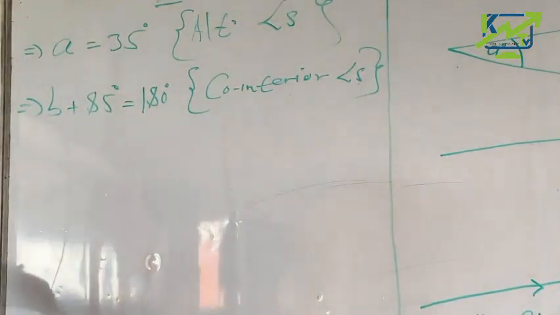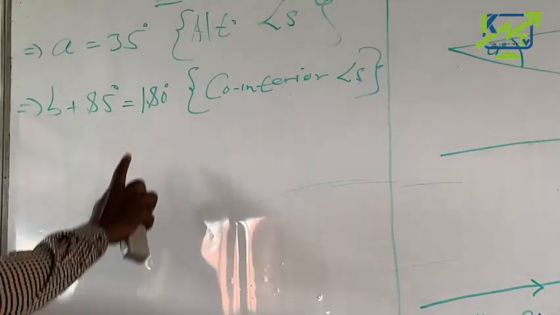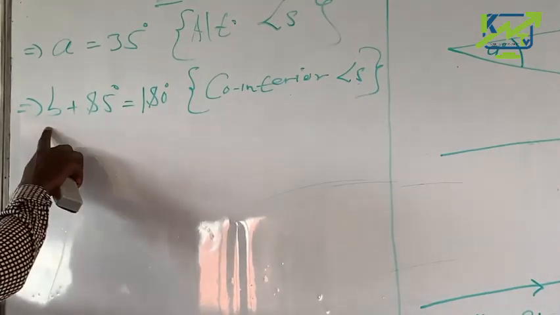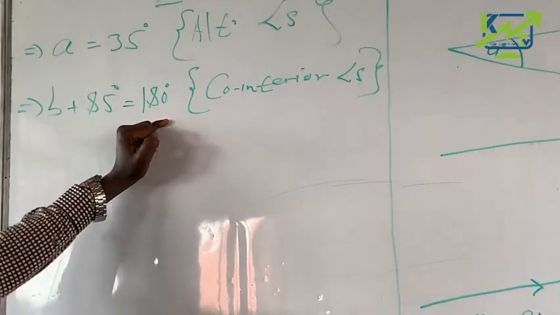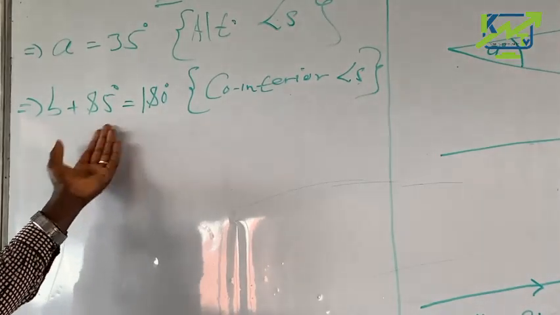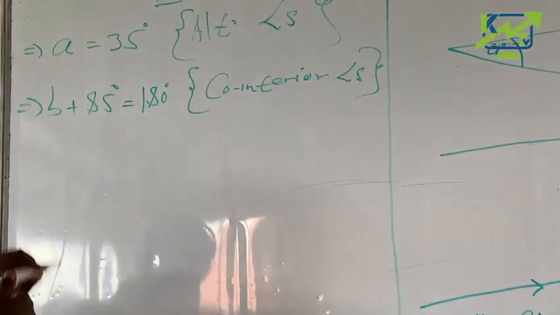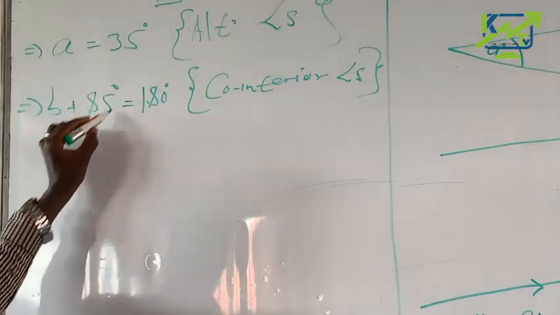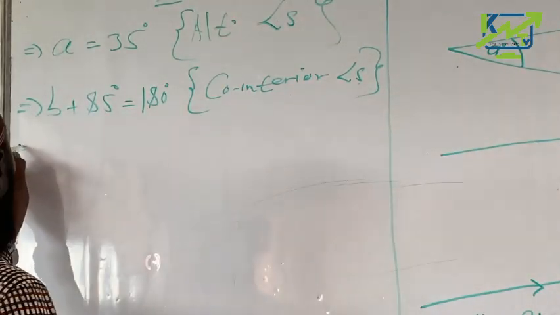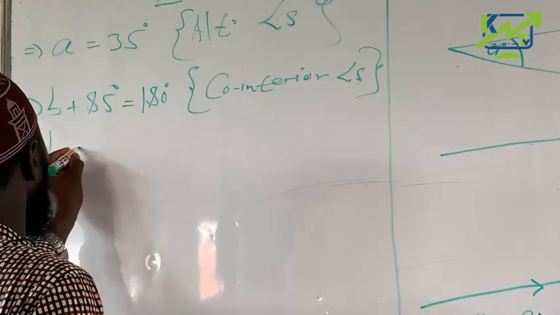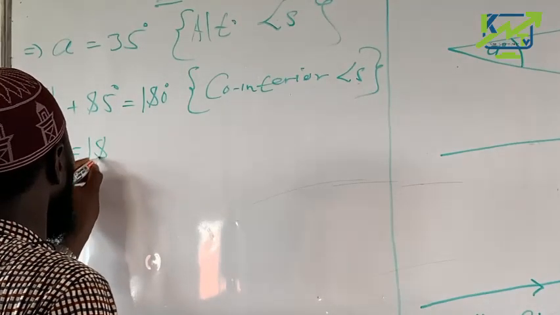Now we solve it the way we solve an equation. We have 85 degrees here and 180 degrees. They are angles and they are like terms, they are numbers. So normally we shift this to the other side. It becomes minus 85. So B is equal to 180 degrees minus 85 degrees.